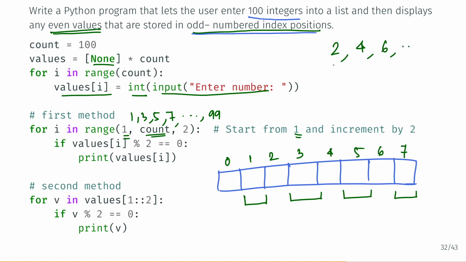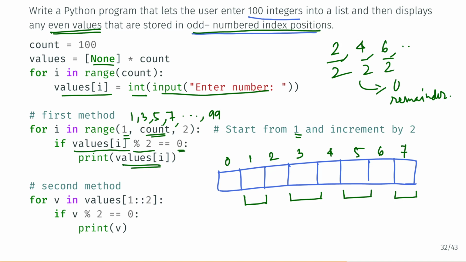Every even number when divided by 2 will give 0 remainder, and that's how you find if the number is even. So if the value at index i, when divided by 2, gives a remainder of 0, we print the value.